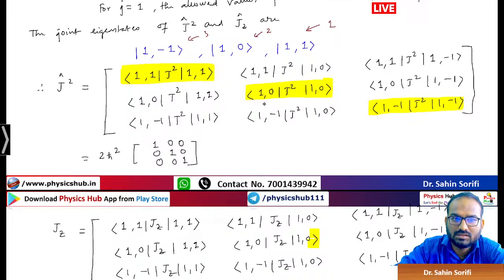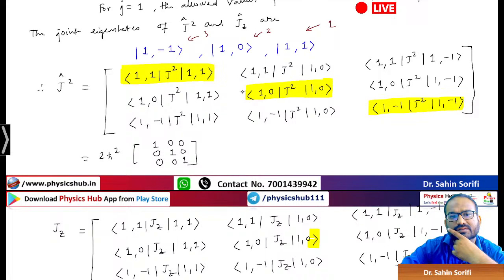Yes, 01, whatever the position, same as ket. The position is not changing. 10, it will be bra 10, ket 10. What is wrong? No, it is okay.